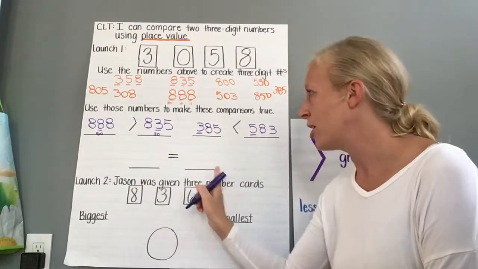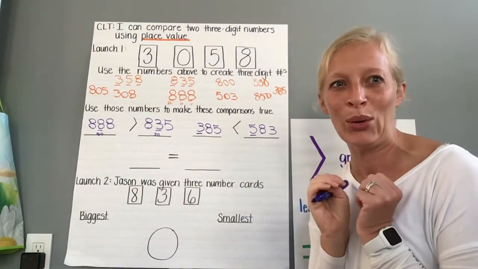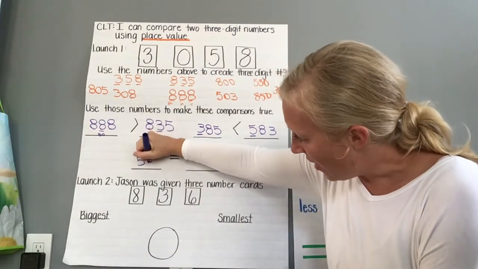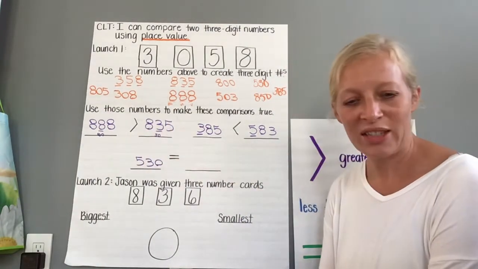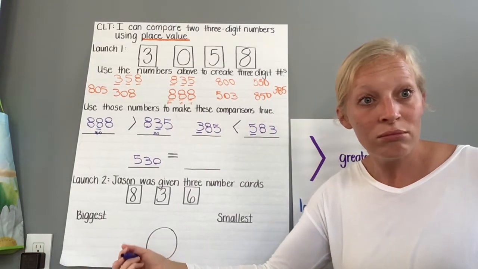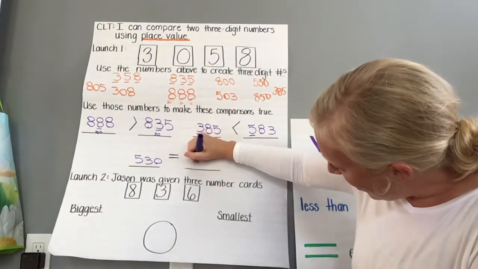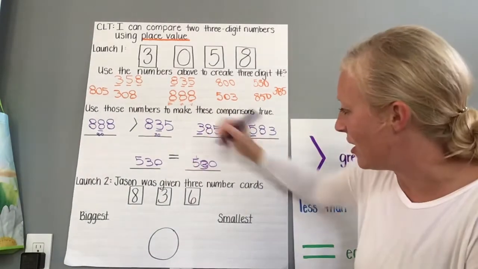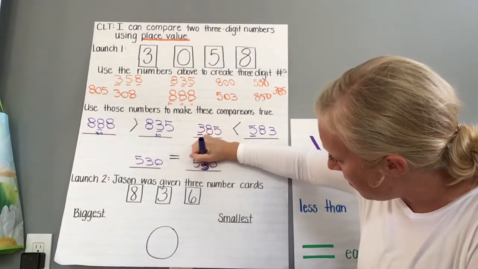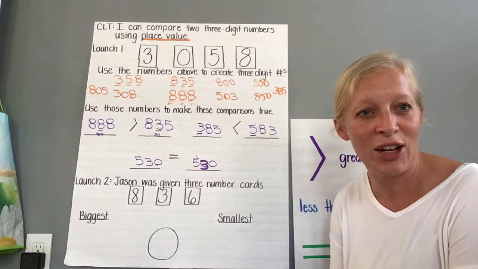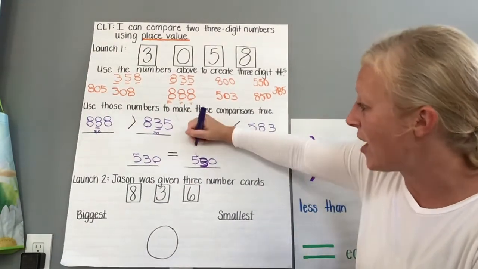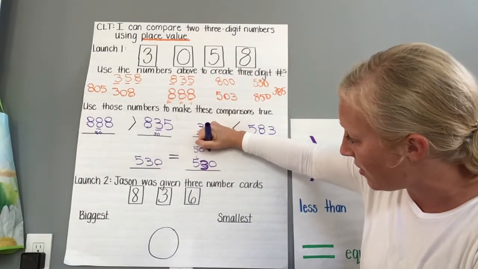Okay, what about this one? Ooh, what are we going to put in there? 530. And what's equal to 530, everybody? 530. My goodness. Yes, 530 is the same as 530. What if I had written it like this?